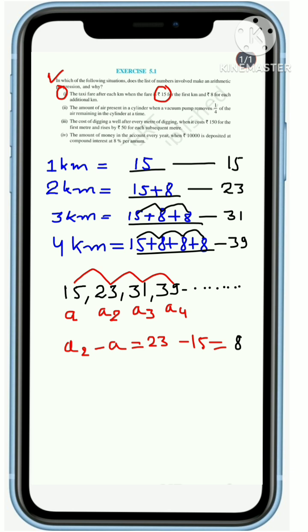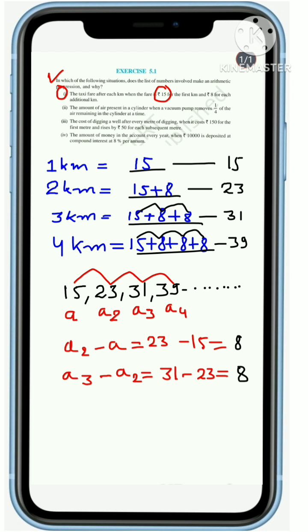Similarly, difference between A3 and A2 will be A3 minus A2. A3 we have 31 minus A2 we have 23, and after subtracting again we obtain 8.